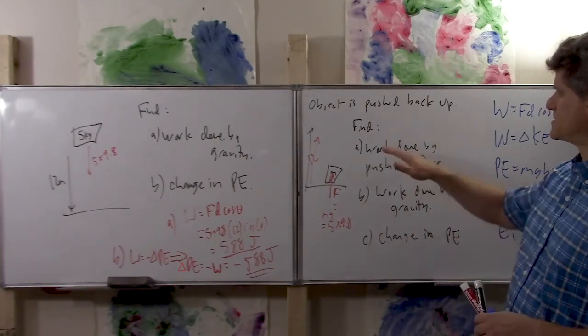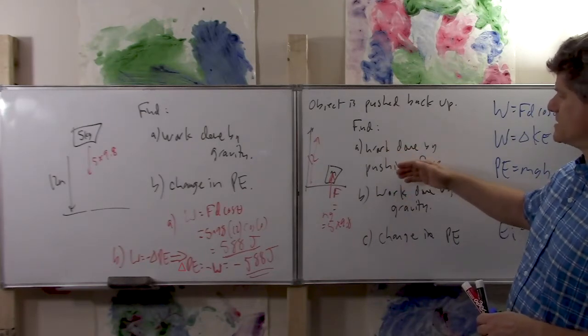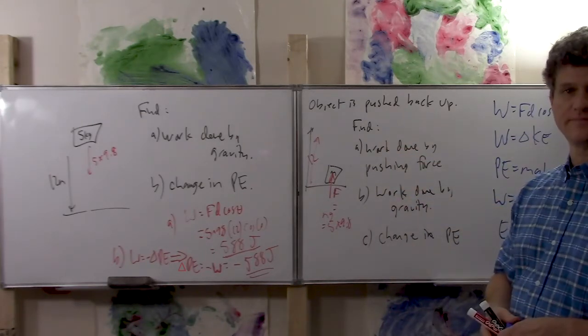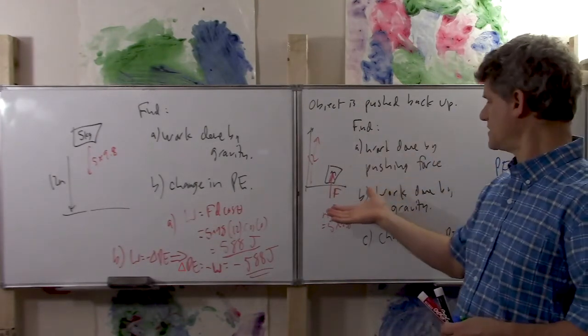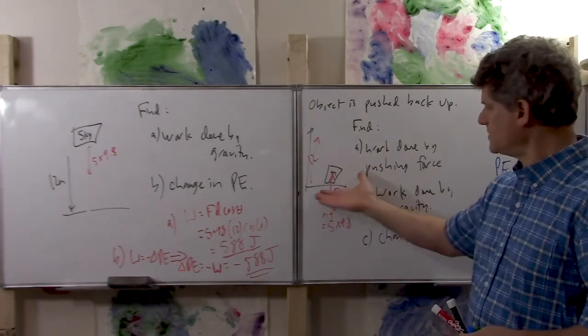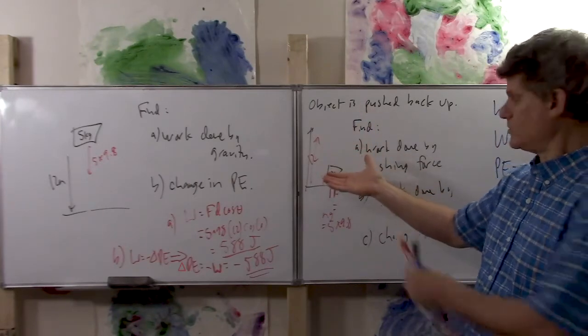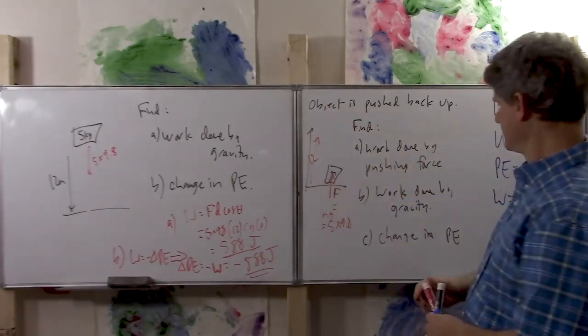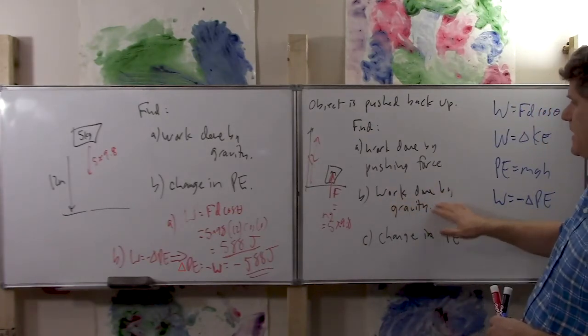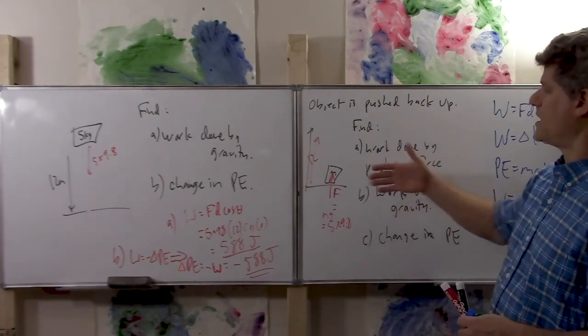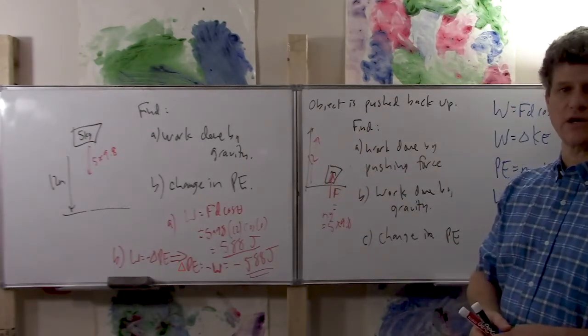The other way to do it is to say that the work done by the pushing force is opposite the work done by gravity. It's opposing gravity. So whereas gravity is pointing down, our pushing force is pointing up. So as we lift this up, what's gravity going to do? Well, gravity is trying to pull it down, and you can end up with a negative value, as we'll see. And the work done by the pushing force is positive, because we're moving it in the direction that we want it to go.